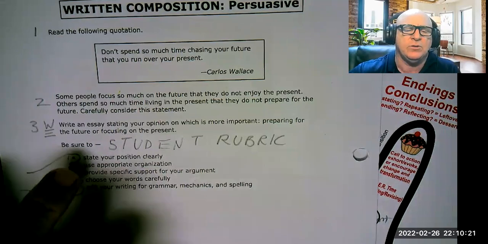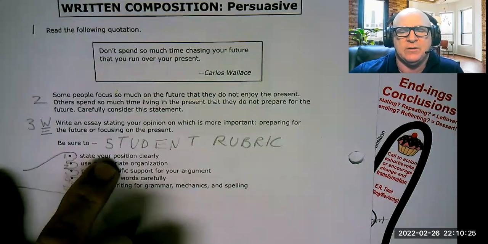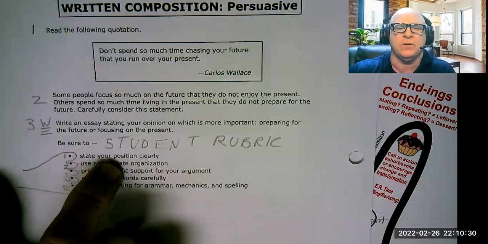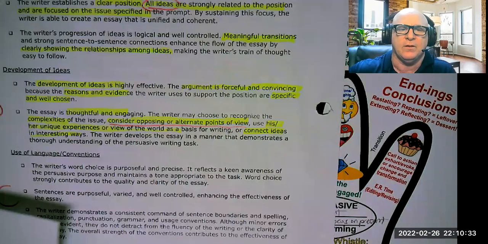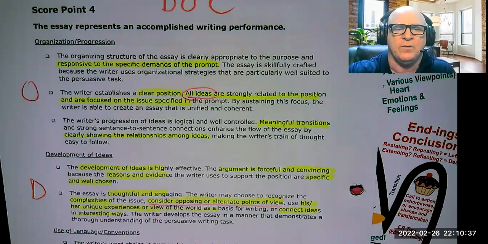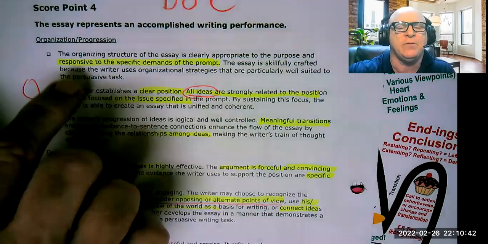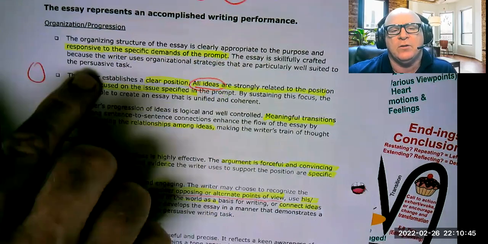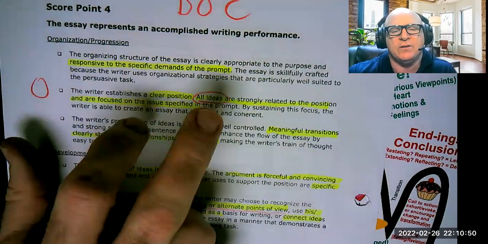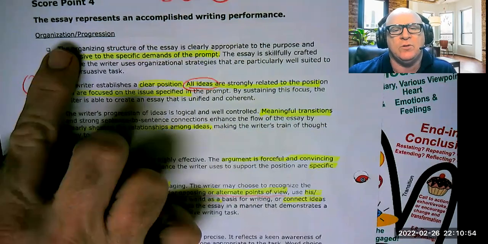How do you get to what they might call one land? State your position clearly. And when I show you the adult rubric in the scoring guide, there's these first 2, and technically first 3, are how to get from 0 land, what we'll call the organization, to 1 land and to 2 land.